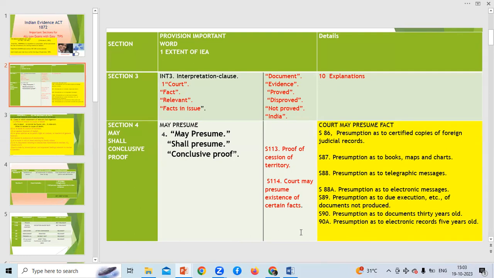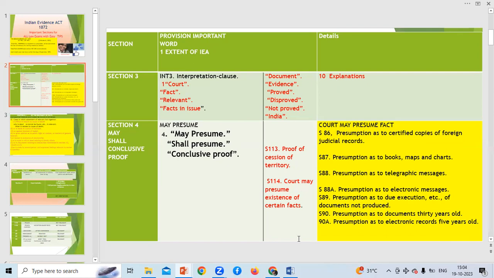Section 89. Presumption as to due execution etc. of documents not produced. Section 90 is presumption as to documents 30 years old. They are treated as true, but not the contents. Please remember this. The contents of 30 years old documents, they have to be proved.